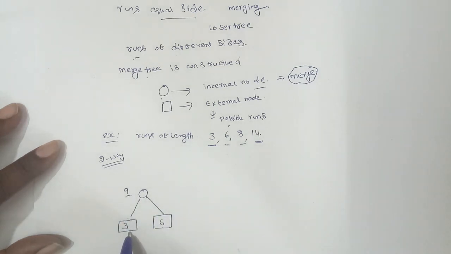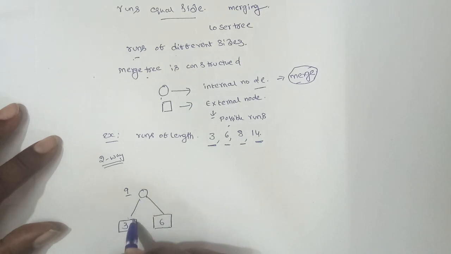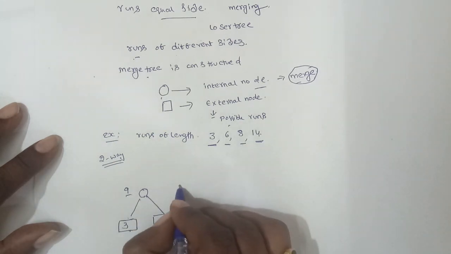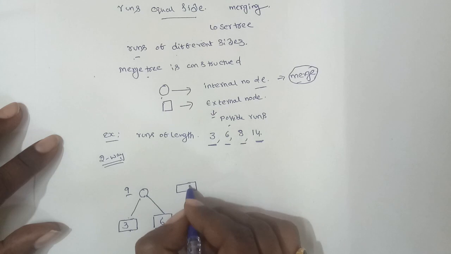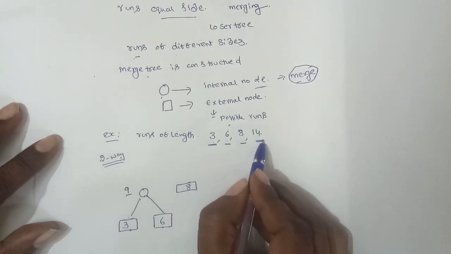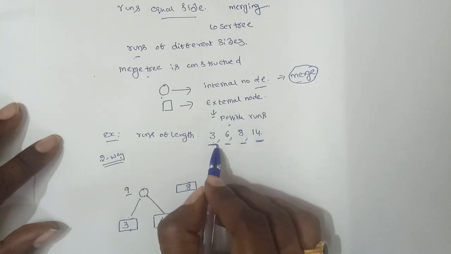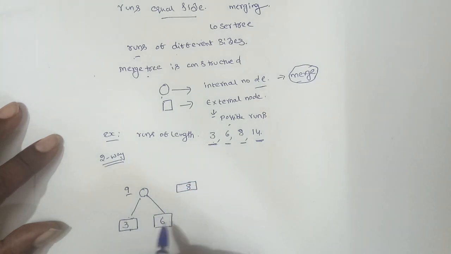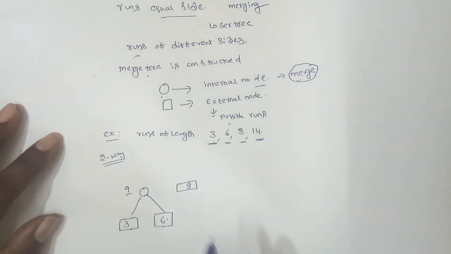Observe the notation: initially all are represented in a square shape. Whenever a merging is performed, place it as a circle.